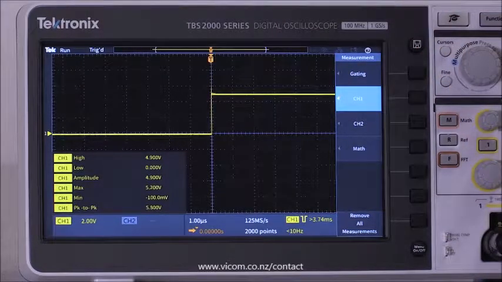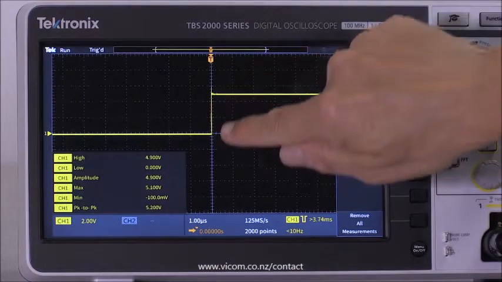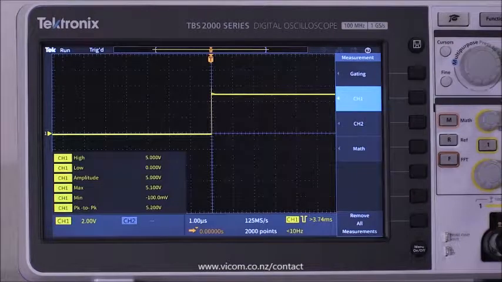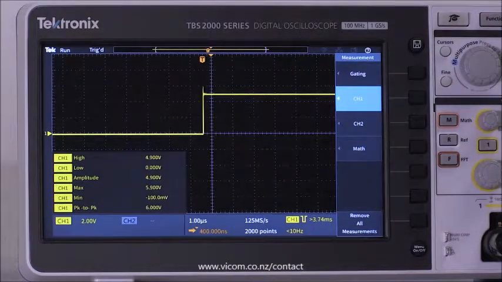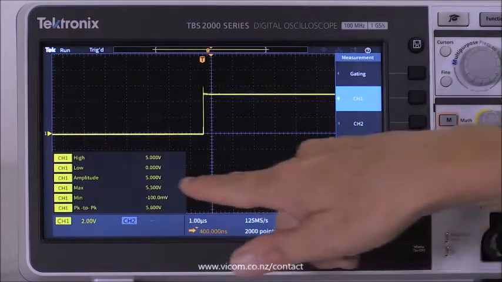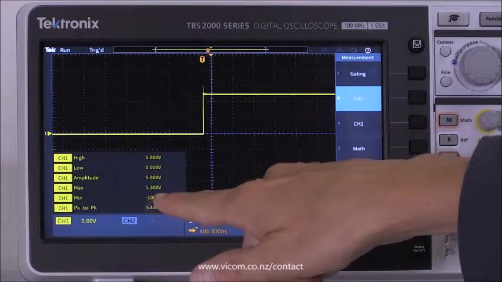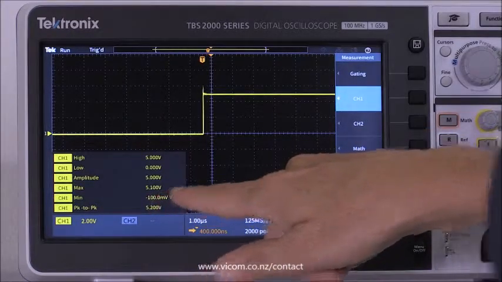We learned in an earlier video that max and min are the absolute highest and lowest points in the waveform. For digital signals like these, this includes any overshoot or undershoot. The max in this case is 5.3 volts.